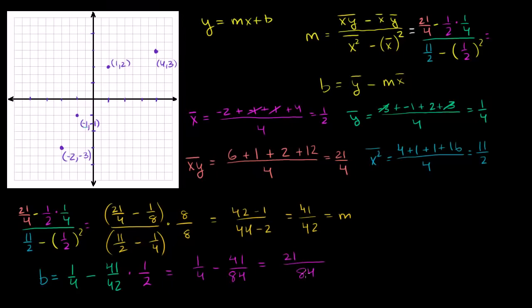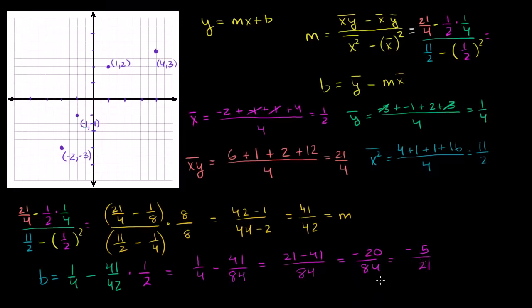Yep, that's right. So it's going to be 21 minus 41 over 84, which is equal to negative 20 over 84. They're both divisible by 4, so that's negative 5 over 21.